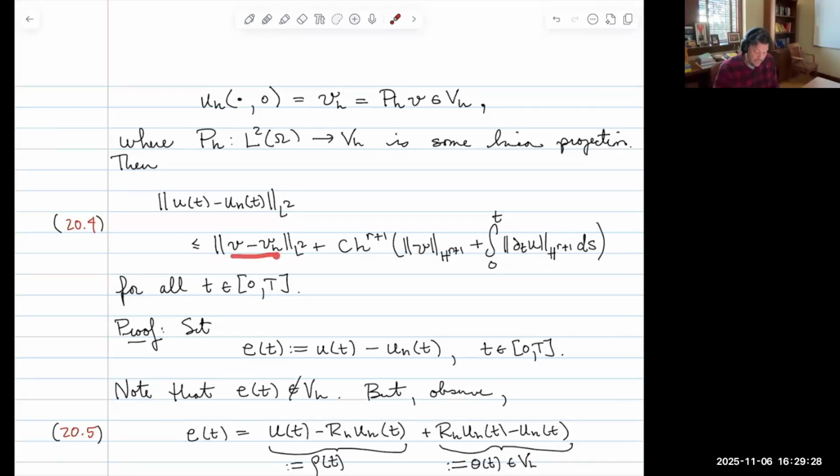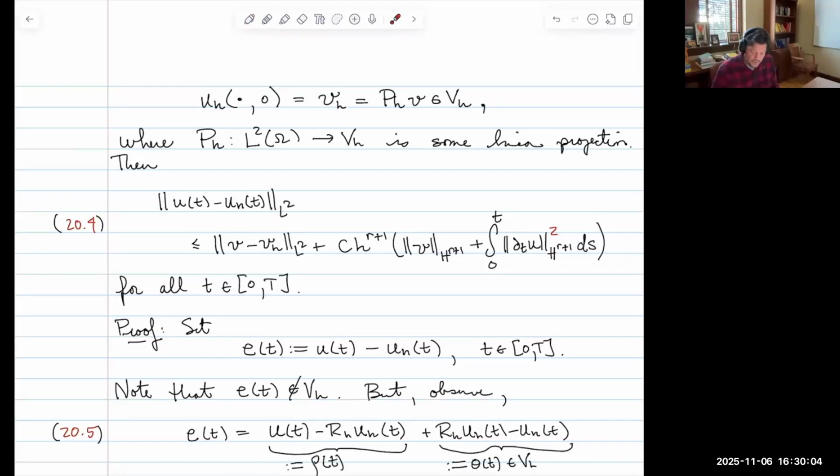This is the error between v and its finite element projection into the space, measured in the L2 norm, plus C times h^{r+1} times this whole sum in parentheses here, the H^{r+1} norm of v plus the integral from 0 to t, this should be norm squared, I believe. So there's a typo fixed.